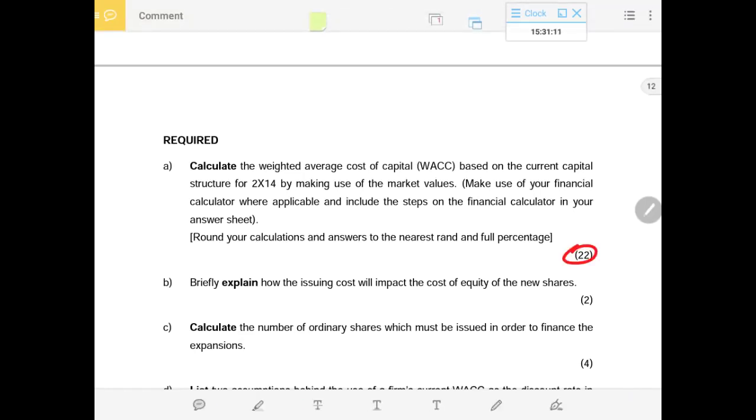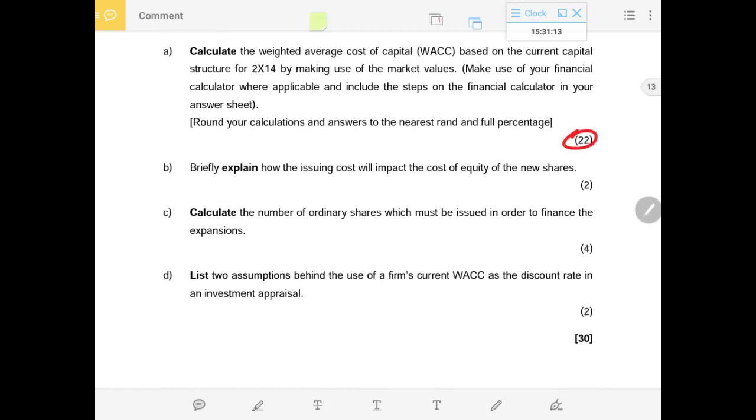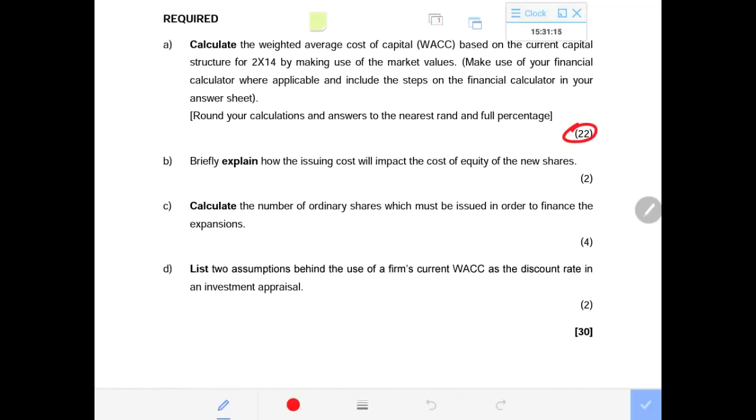Then we can go to the next one, which is number B. Number B says to us that we must explain how the issue cost will impact the cost of equity of the new shares. For that, I normally don't go into theory, guys. Theory is, you can just go there, you read. But the cost of equity is determined by dividing the dividends by the value of the shares.